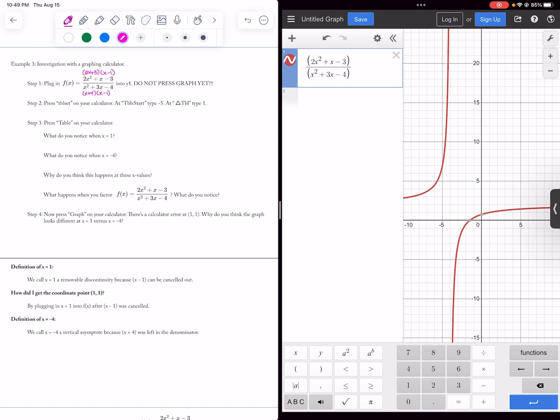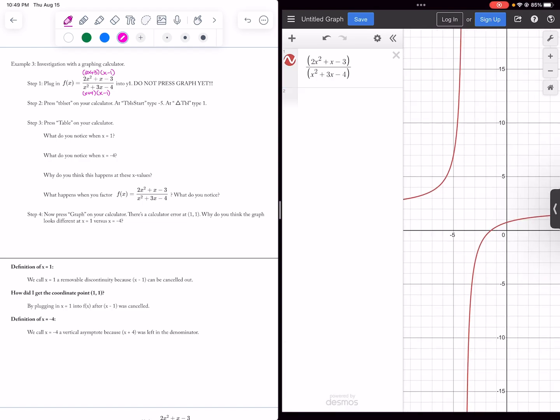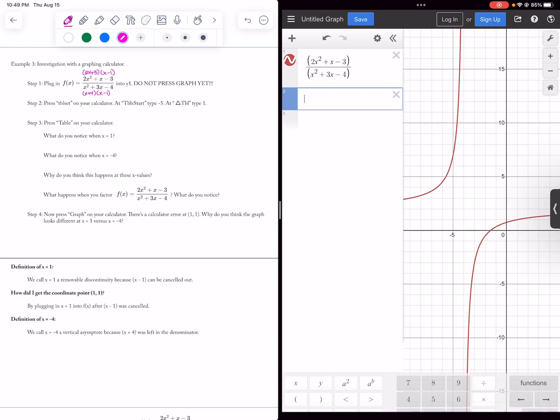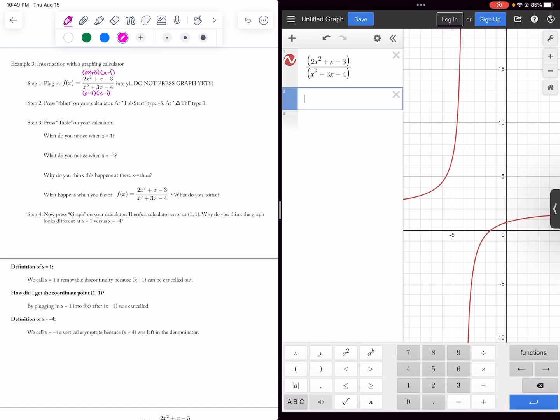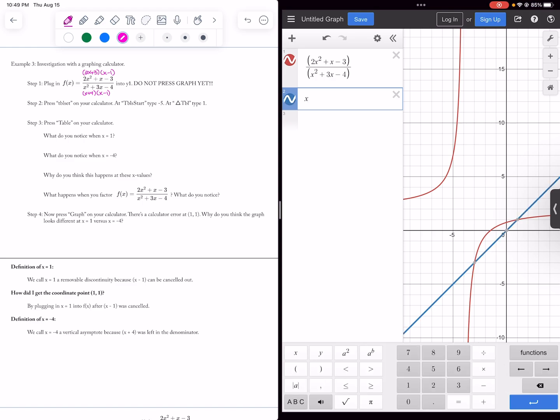Okay, so we will look at what you notice at x is equal to negative 4. Let's see if I can do x equals negative 4.